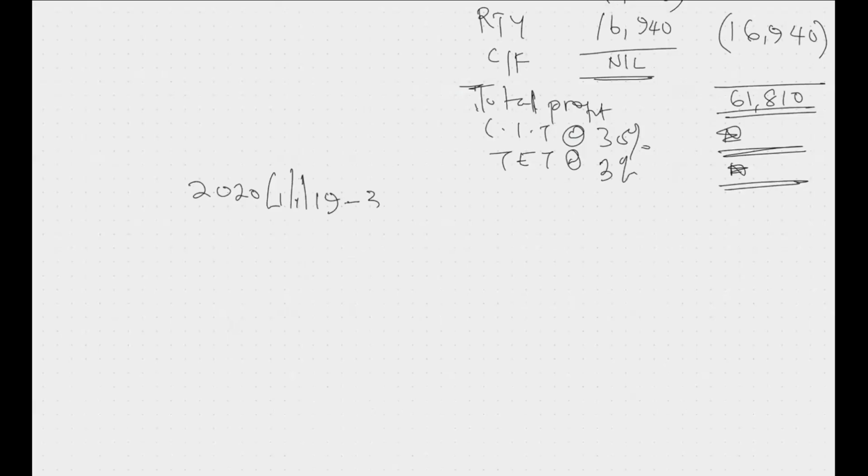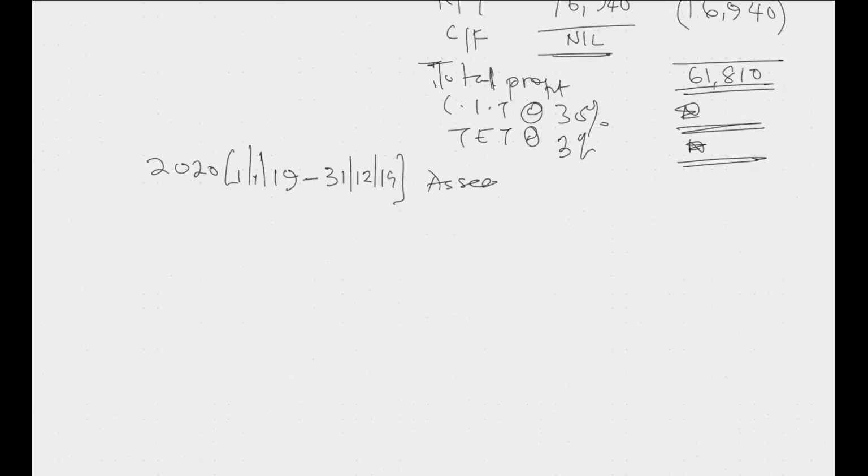So accessible profits: if you have the exam, if they give you the rate for those years, apply it. If they don't give you, use your 30%. Accessible profit for 2020 is 95,120.